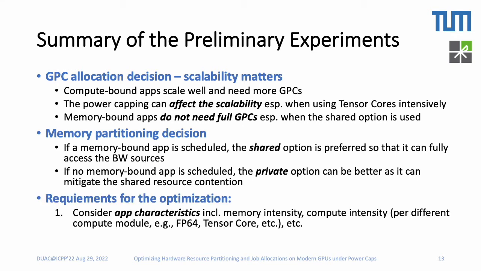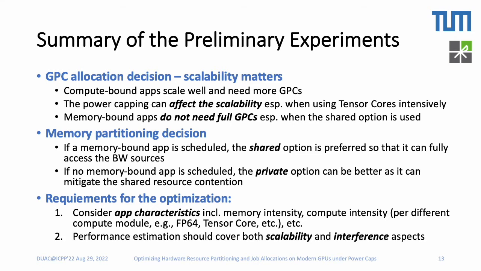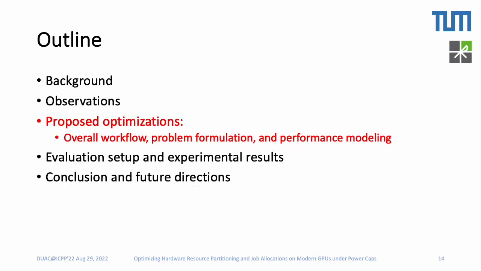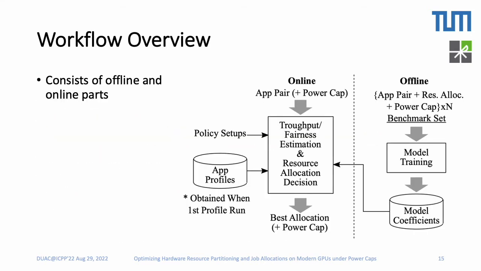And here are the requirements for the optimization. We should consider application characteristics including memory intensity and compute intensity. That should be per different compute module, such as FP64, tensor core, etc. And also performance estimation should cover both scalability and interference aspects. This is the entire workflow overview that consists of an offline part and an online part.